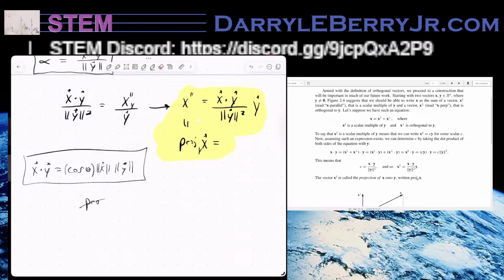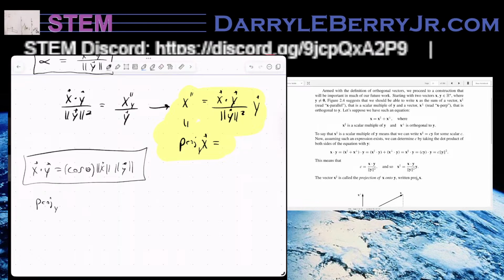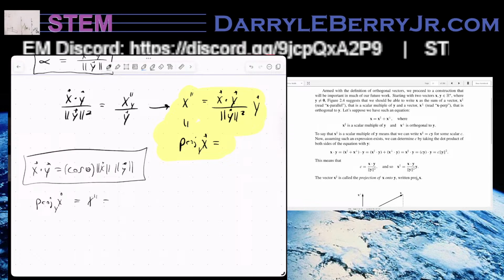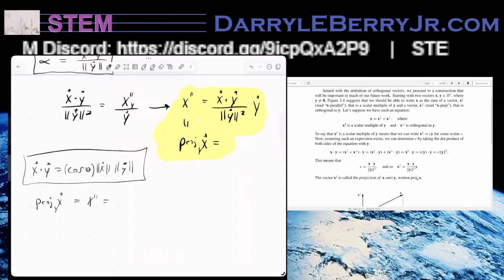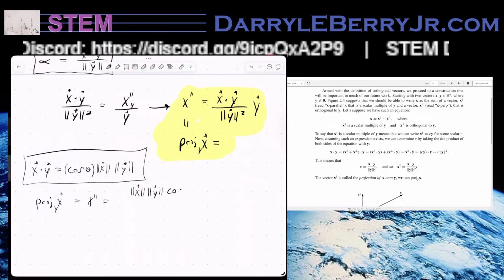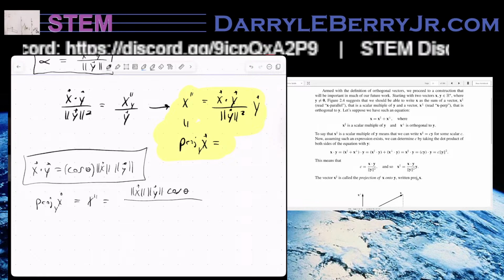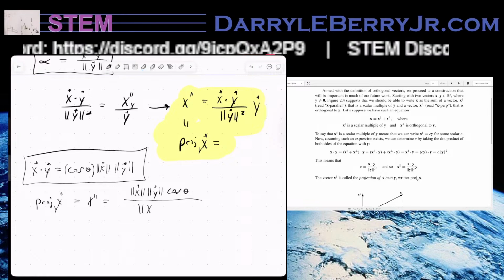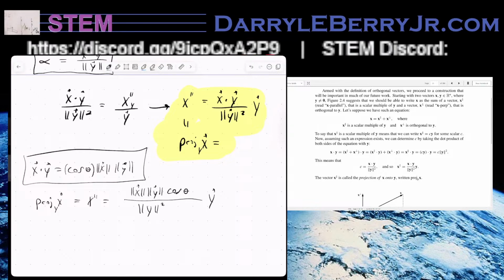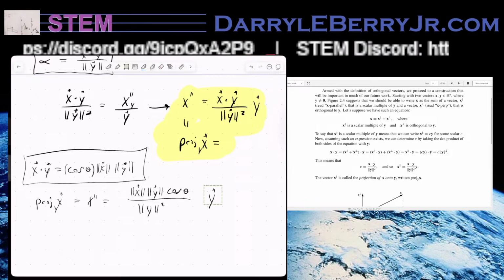We could say the projection onto y of x equals the parallel version of x. So that's going to equal the magnitude of x times the magnitude of y cosine theta divided by the magnitude of y squared, and y. So we can say that as well.